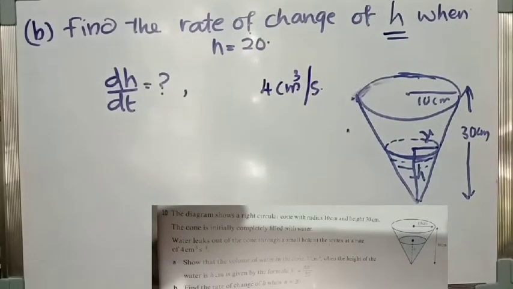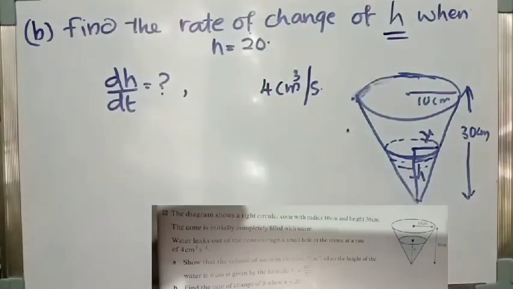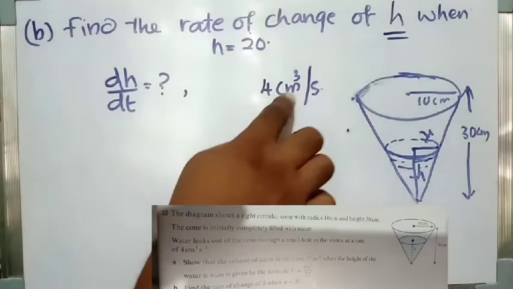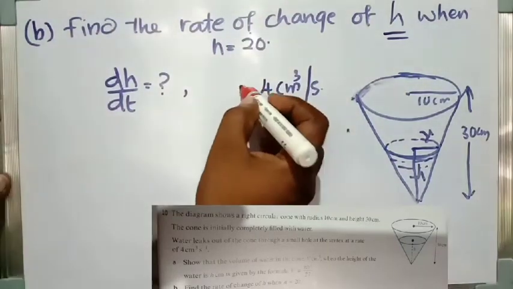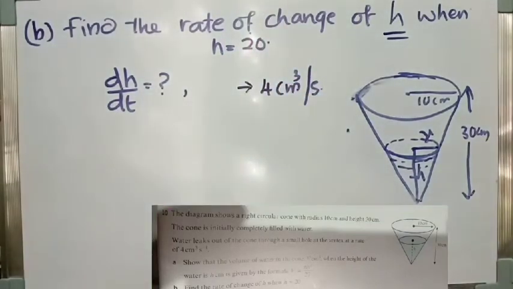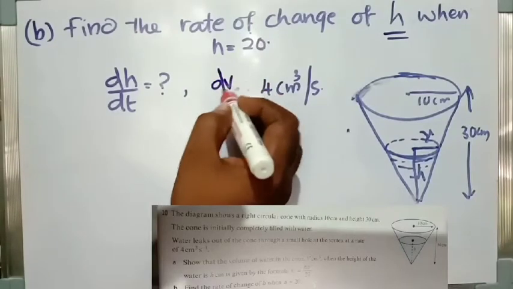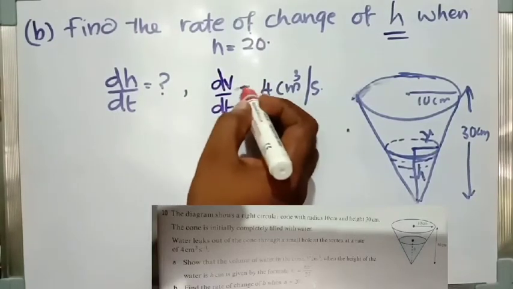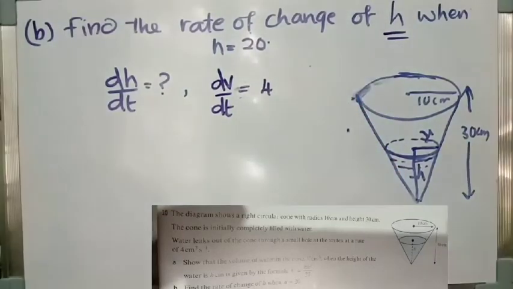So a volume of water is leaking out at a rate of 4 centimeter cubes per second. So this stands for a rate of change of volume with respect to time. So we can say this one as dV by dt is 4.